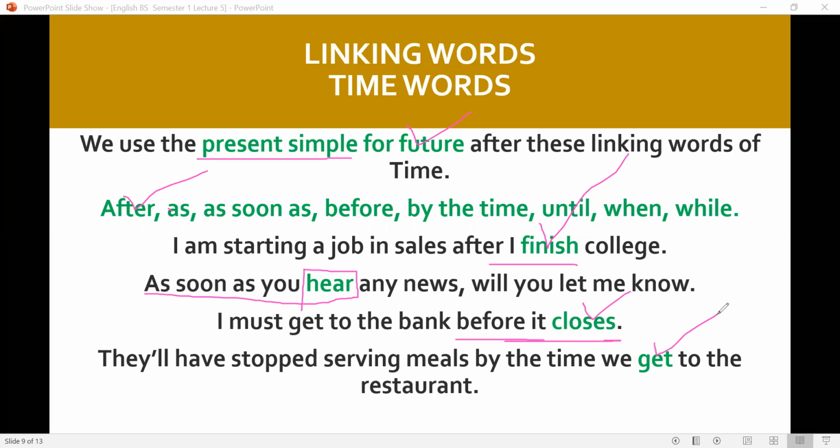For near future action, after these linking words like after, as soon as, before, we use present simple or present indefinite tense after all of these linking words, which I have explained in this presentation.